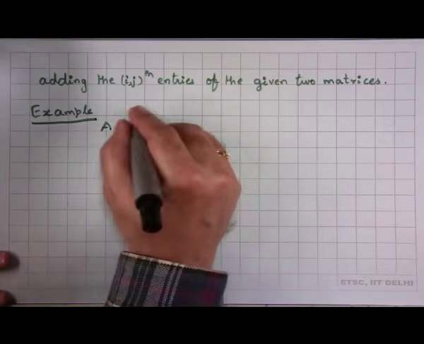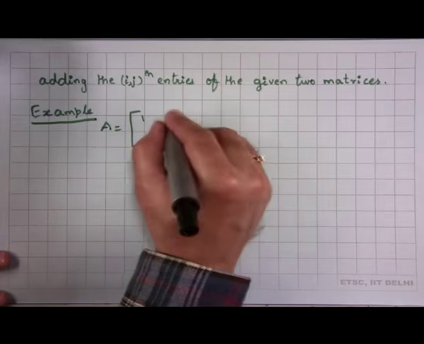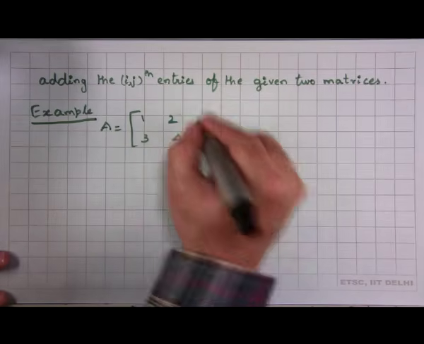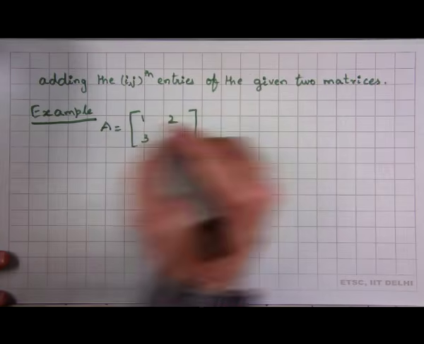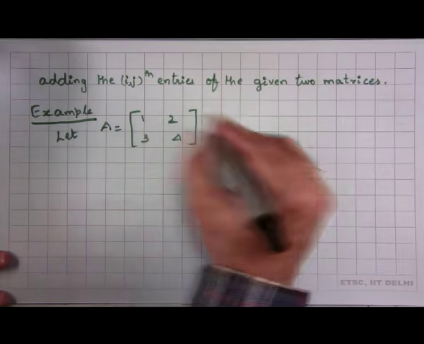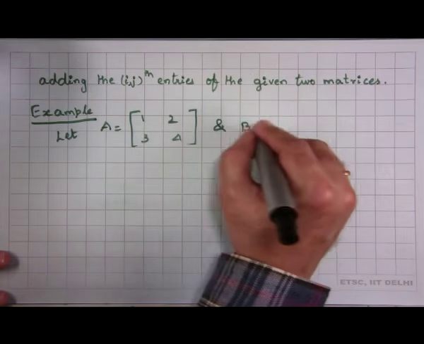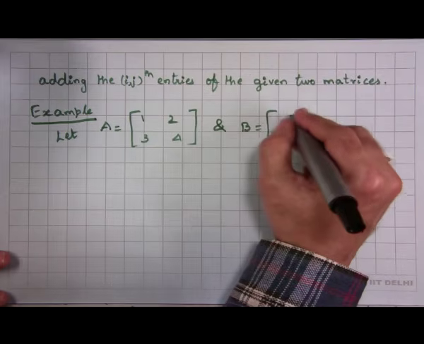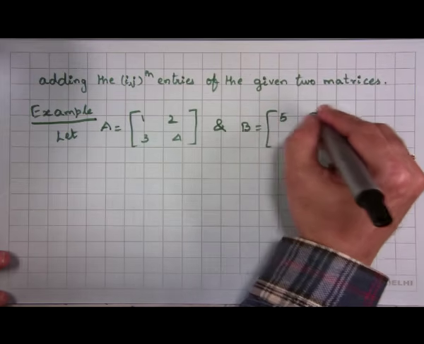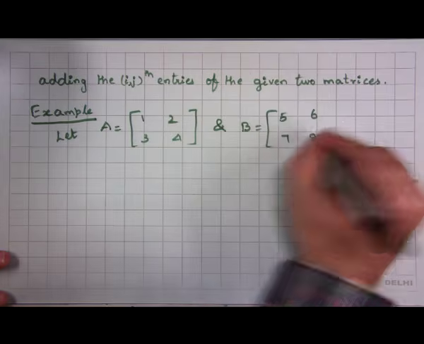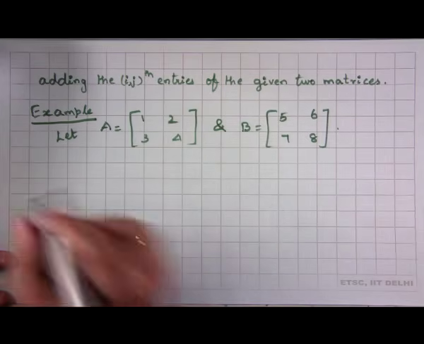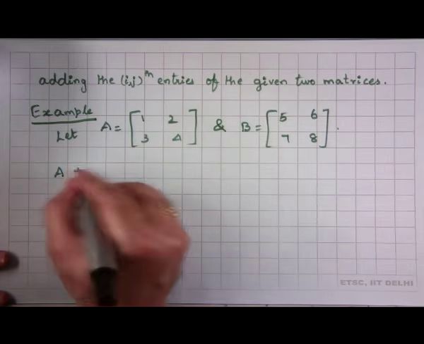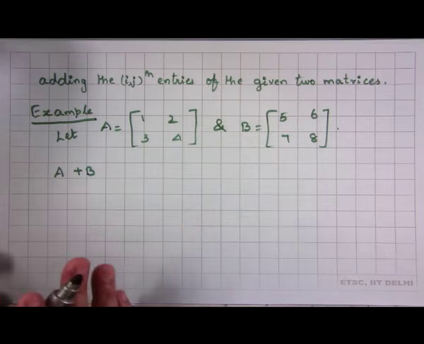Let us choose A as 1, 2, 3, 4 and B as 5, 6, 7 and 8. Let us try to calculate A plus B. We want to add these two matrices.